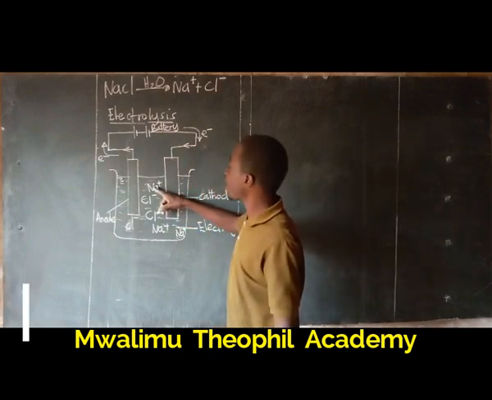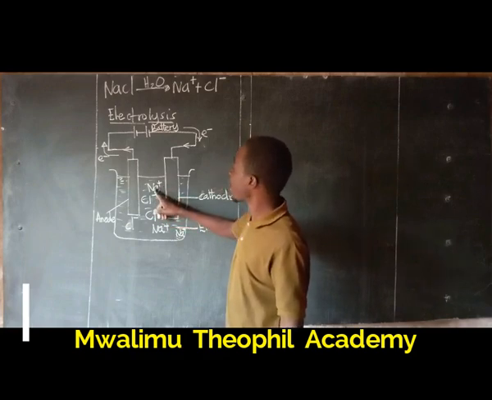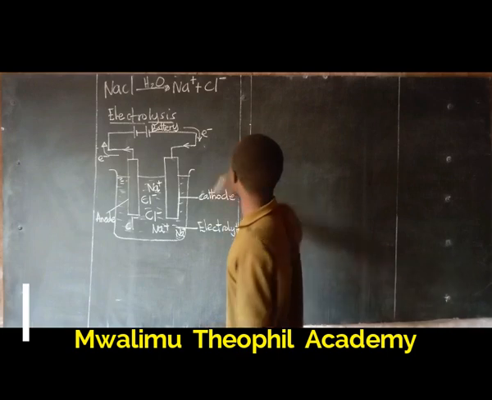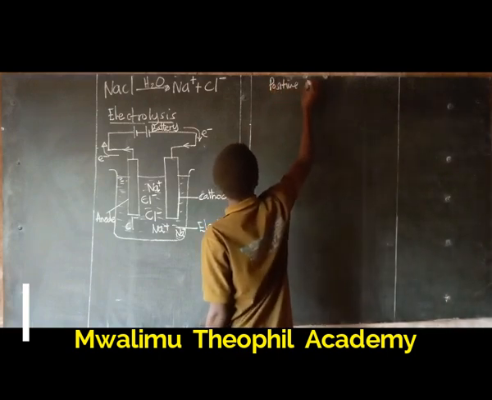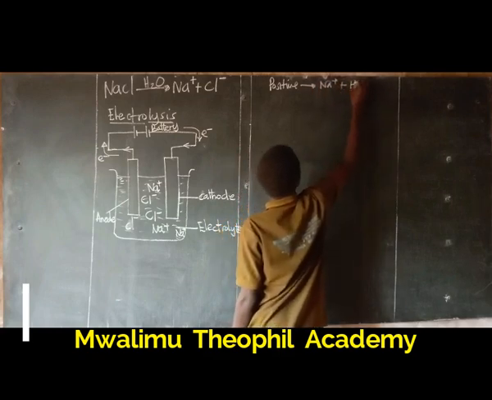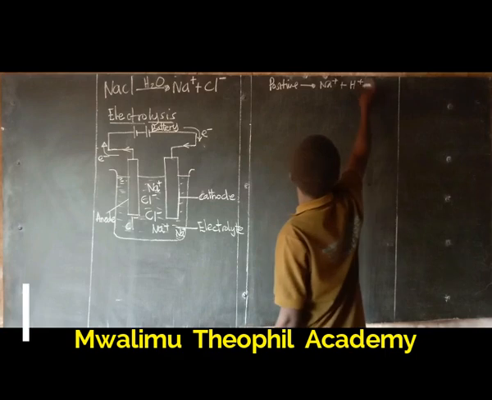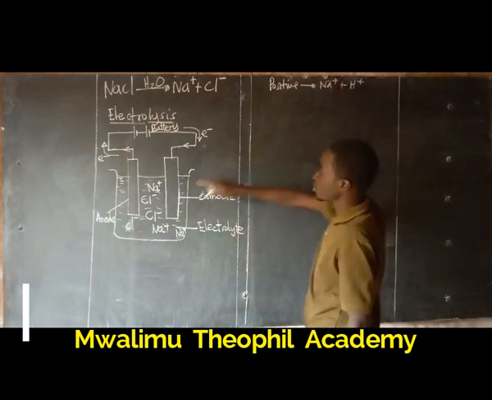the positive ions migrate towards the cathode. The positive ions present in this solution are the sodium ion and the hydrogen ion, the hydrogen proton, I mean. The hydrogen ion is from water and the sodium ion is from sodium chloride.